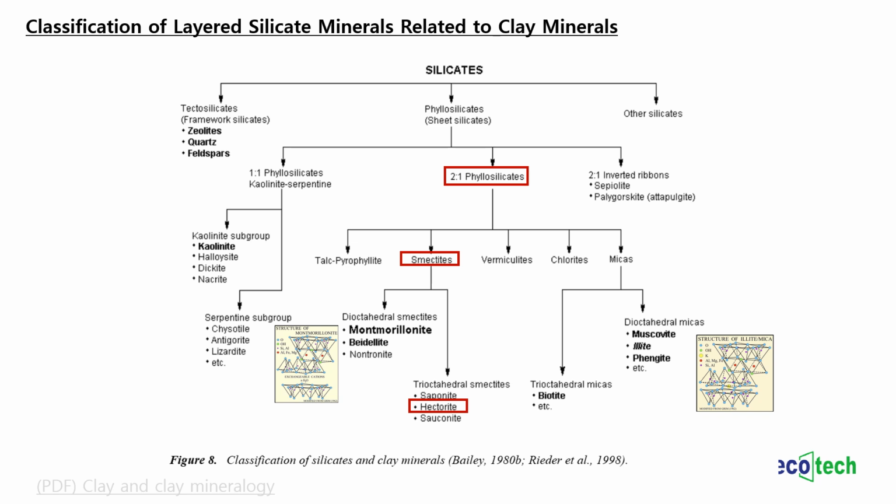Smectite forms through the weathering of rocks, bentonite, or volcanic ash, and is part of the hydrous aluminous silicate group, making them highly reactive and important in both geological and industrial contexts.